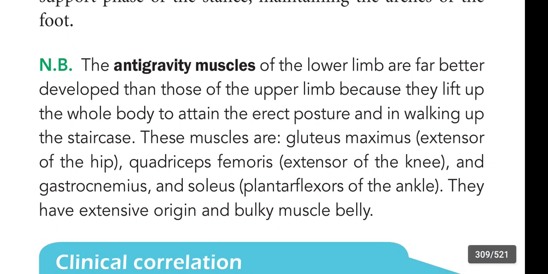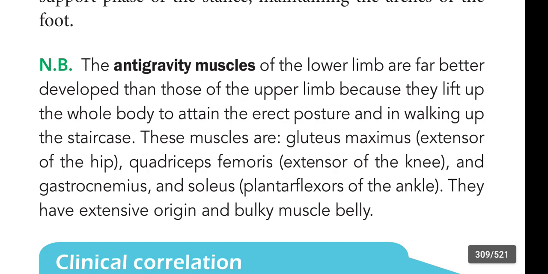The anti-gravity muscles of the lower limb are far better developed than those of the upper limb because they lift up the whole body to attain the erect position, and in walking up the staircase.